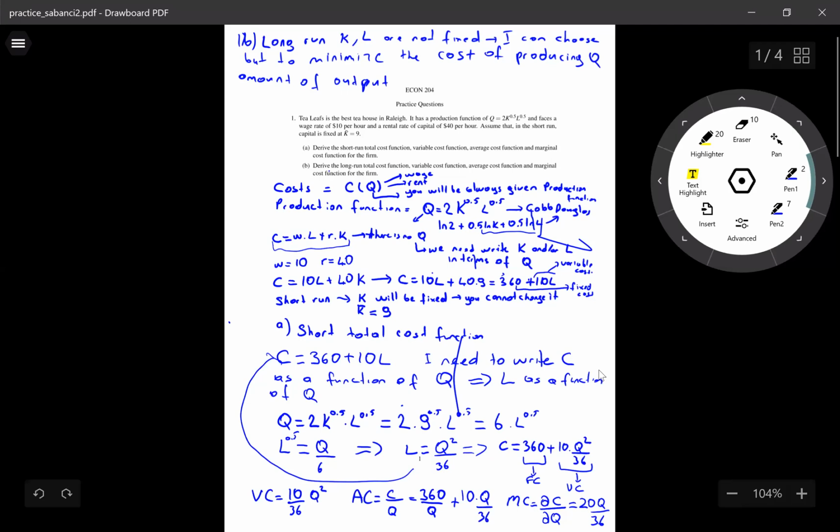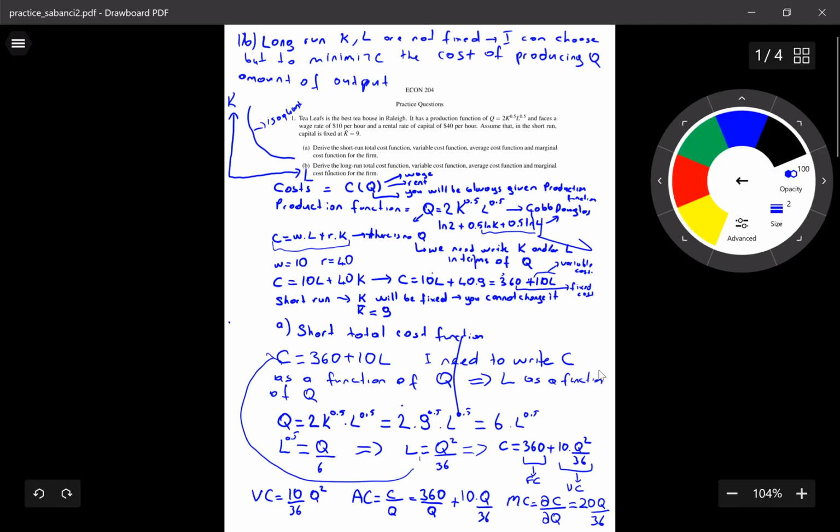So the rule here is the following. We have isoquants like this. This is the isoquant. Given this isoquant, there are different isocosts. These red ones are the isocosts.